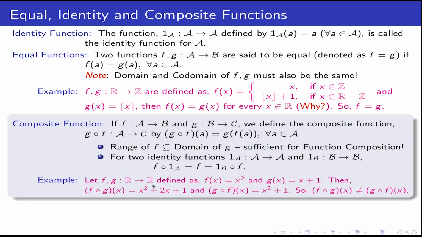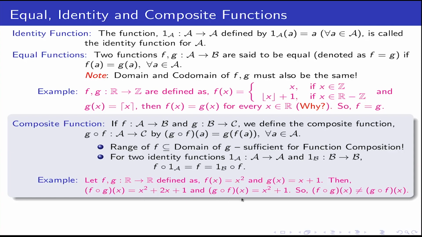An example is from real to real. We say that f(x) equals x square and g(x) equals x plus 1. What will be the composition f o g? First we apply g and then we apply f. Applying g to x, we get x plus 1, and then applying f, f(x plus 1) is (x plus 1) square. So we get x square plus 2x plus 1.